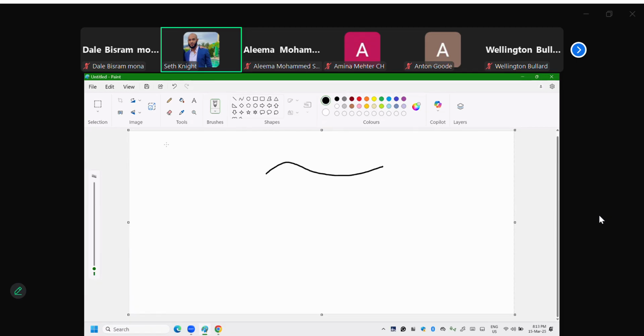So this is the patient's axilla, right? Let's put this in blue here. Let's put this in yellow here.